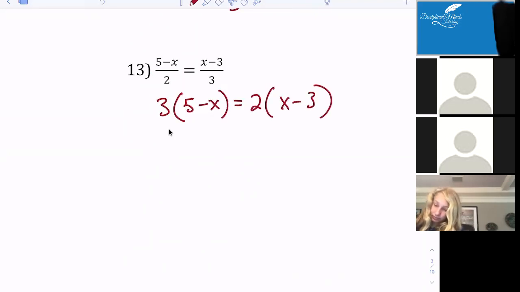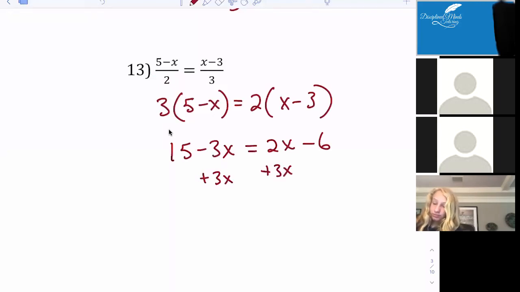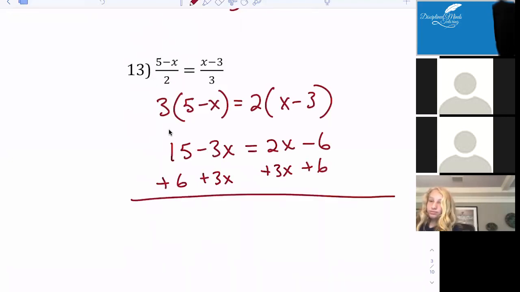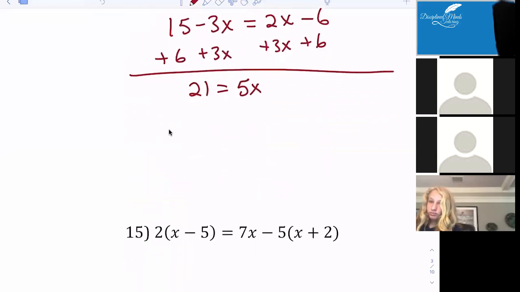And then you distribute, so it'll be 15 minus 3x equals 2x minus 6. Good. And then you're gonna add 3x, and then you will add 6, and that gives you 21 is 5x, and then you divide by 5.